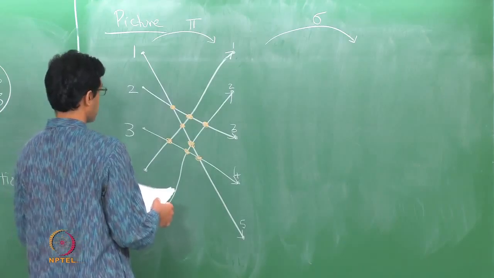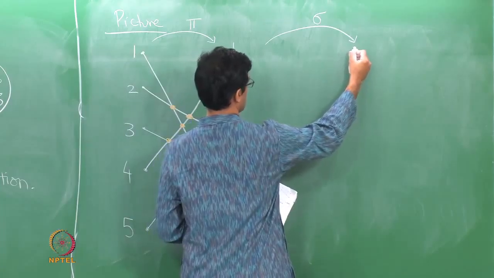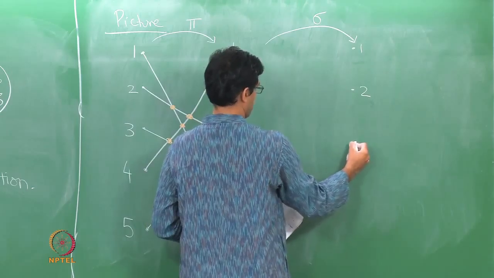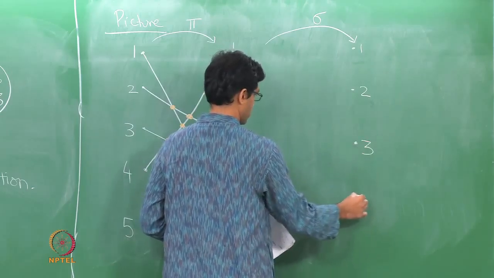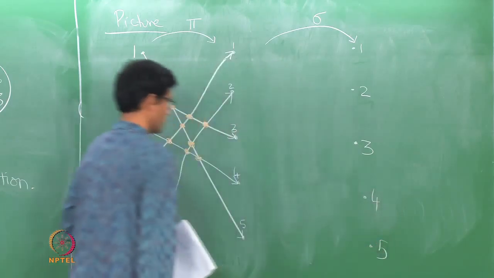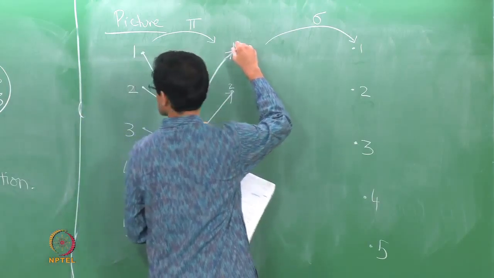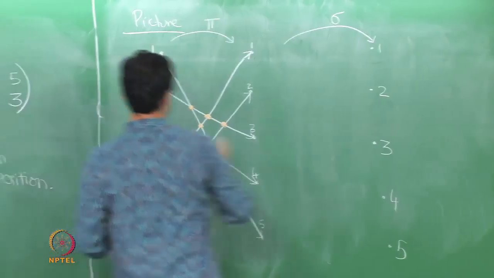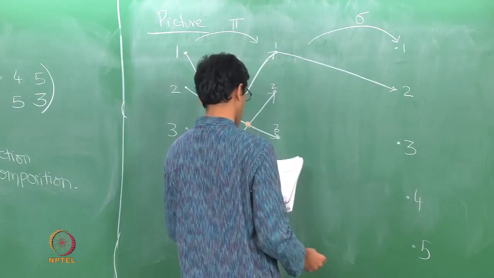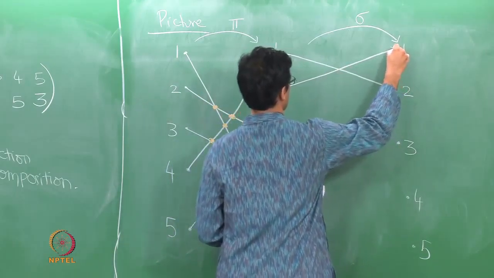First let's again write down 1, 2, 3, 4, 5 on the other side. What does sigma do to the number 1? Well, it maps it to the number 2, according to this. So 1 maps to 2. What does sigma do to the number 2? Well, it maps it to the number 1. So I draw this diagram.